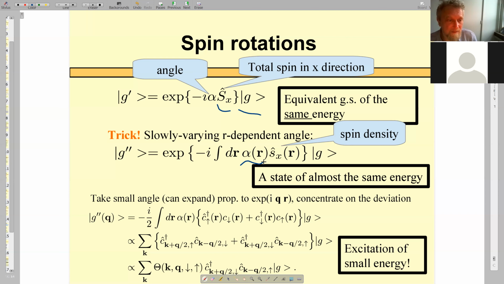For example, this is no longer true if we apply an external magnetic field. If you apply external magnetic field, you get some extra energy related to orientation of magnetization with respect to spin.